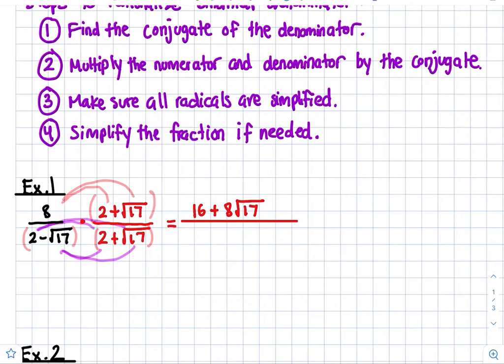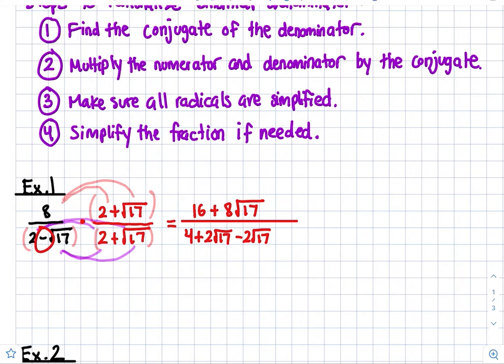Now the denominator: 2 times 2 is 4. 2 times rad 17 is plus 2 rad 17. Negative rad 17 times 2 is negative 2 rad 17. And the square root of 17 times the square root of 17: since these are the same radical, all you do is get back the number itself.